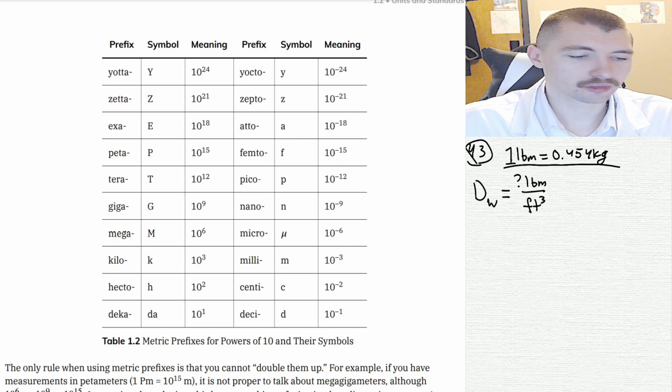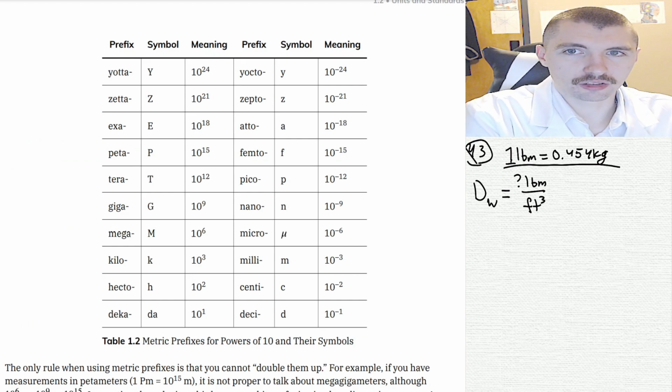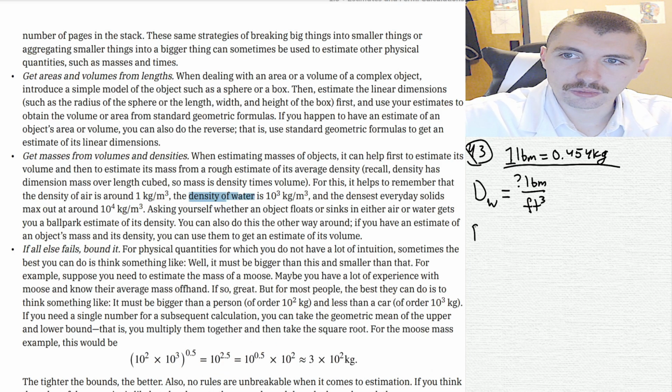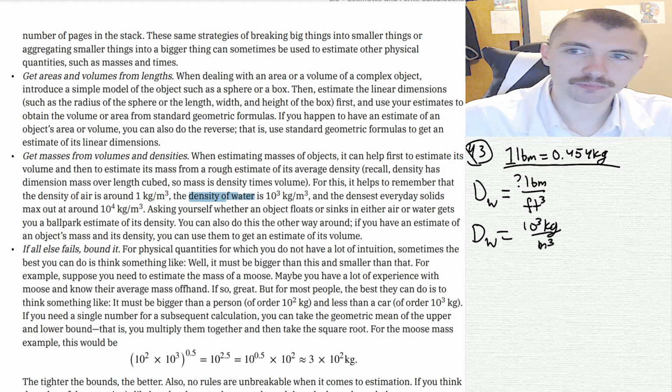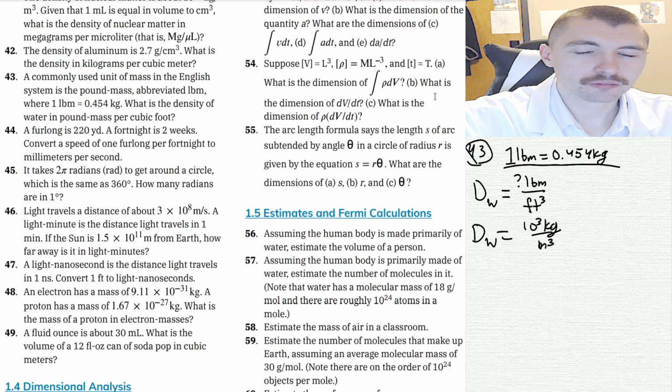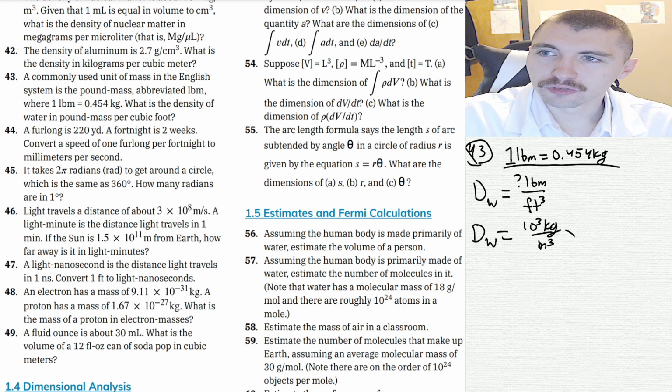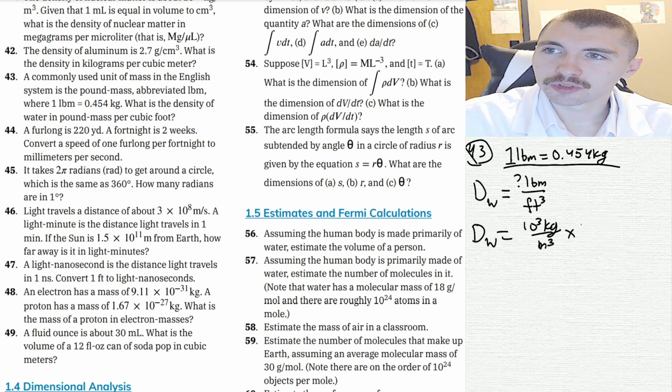I think density of water. Okay, we know density of water earlier is 10 to 3 kilograms per meters cubed. Okay, so we want to convert kilograms. So we want kilograms on bottom.